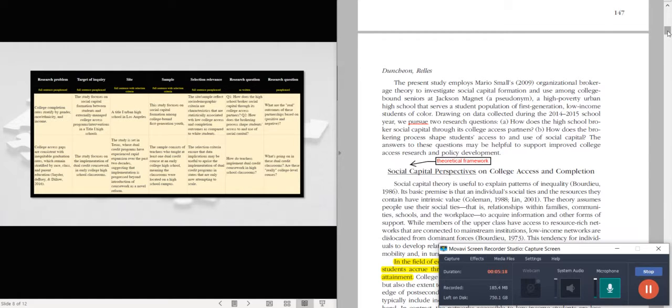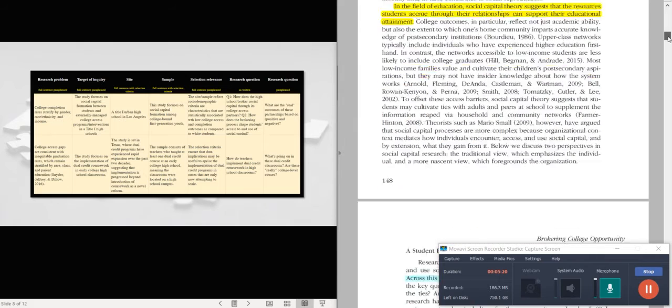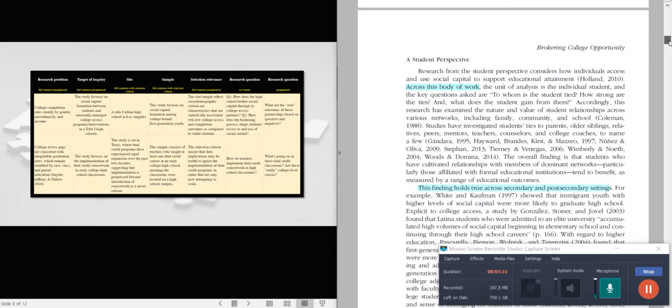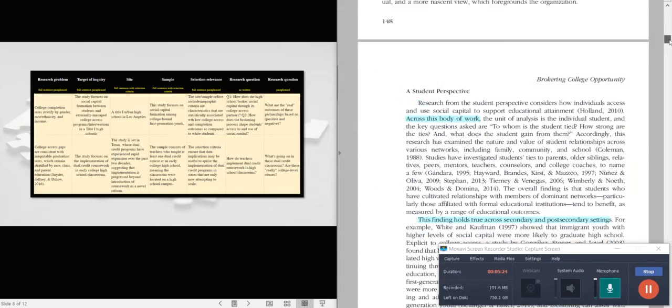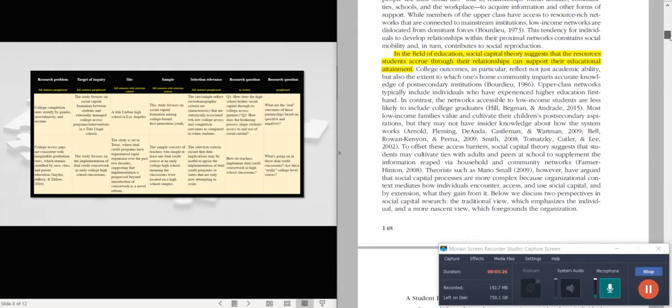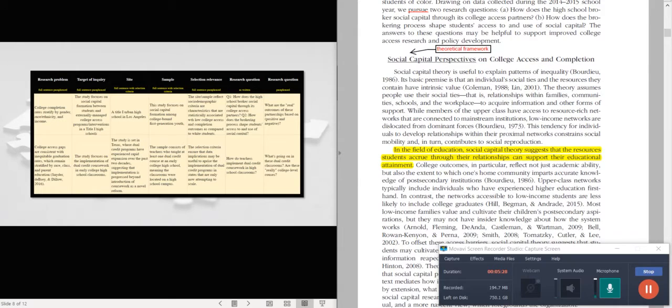Social capital. What is it? Well, hopefully this article is reviewing it for me, which is the duty of the author, is to say, hey, you don't need to know what an organizational perspective is, because I'm going to just tell you, and not based on my opinion. I'm going to tell you based on what the literature already says.